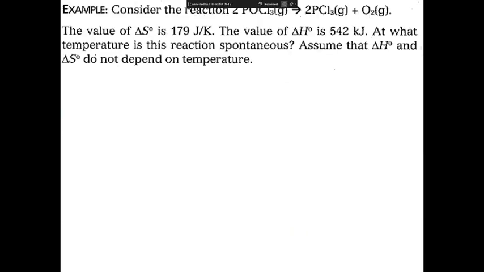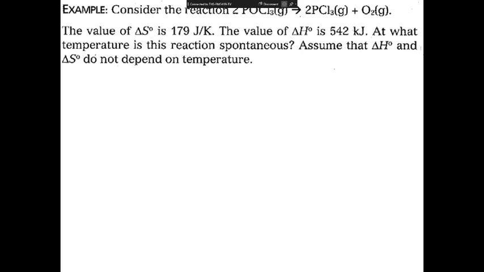So the last thing I want to do is look at a reaction where you have matching signs and practice finding that temperature, and decide whether it's higher or lower temperatures that it's spontaneous, and what the particular temperature itself is. I think it might be on that page also.